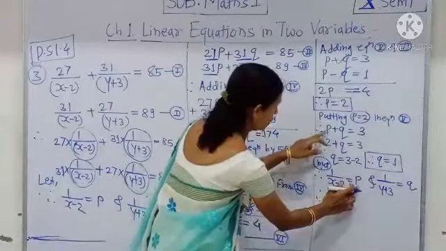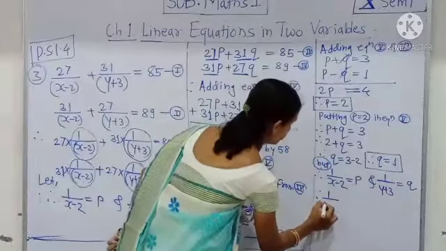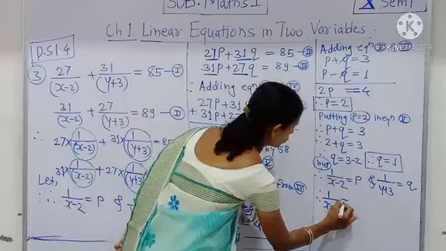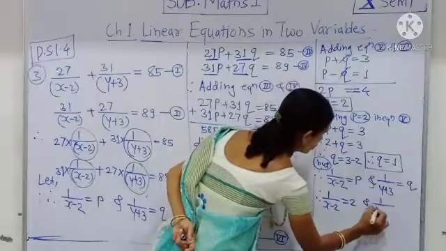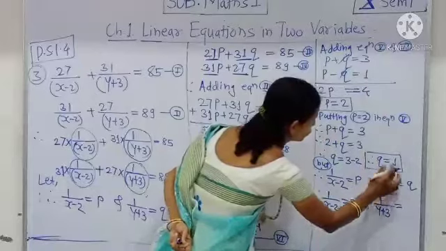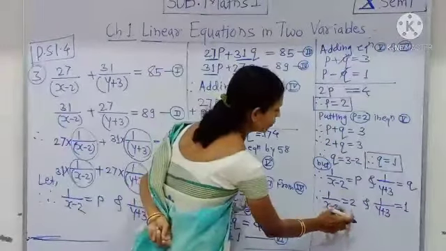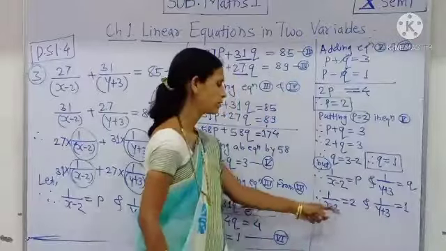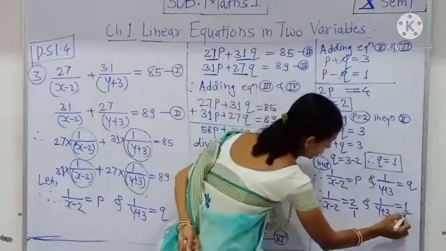Putting the values of p and q, 1 upon x minus 2 is equals to 2, and 1 upon y plus 3 is equals to 1. Simplifying, 2 means 2 upon 1, and here 1 upon 1.